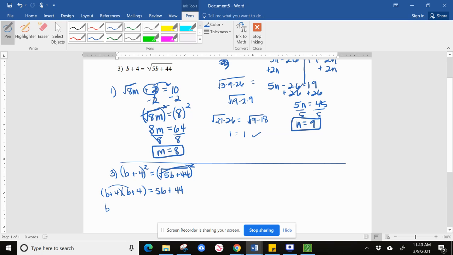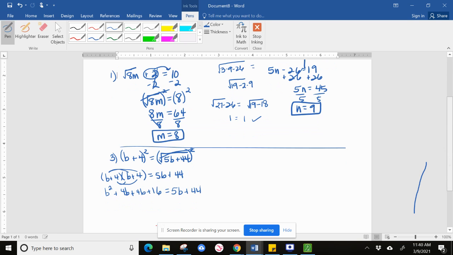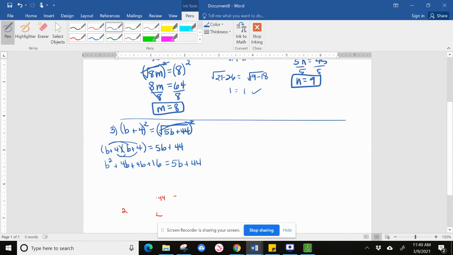So here we go. b squared, that'd give us a 4b, give us another 4b, and then lastly a 16, and that's going to be equal to the 5b plus 44. All right, we've introduced a quadratic, so I'm thinking some factoring is coming soon, but let's get everything ready to go before that.